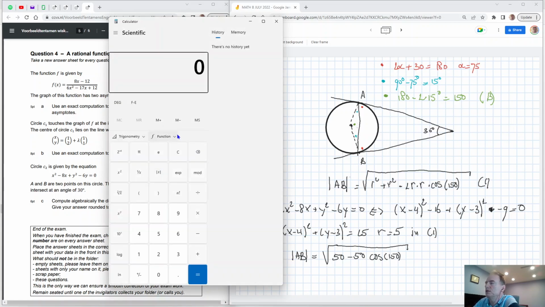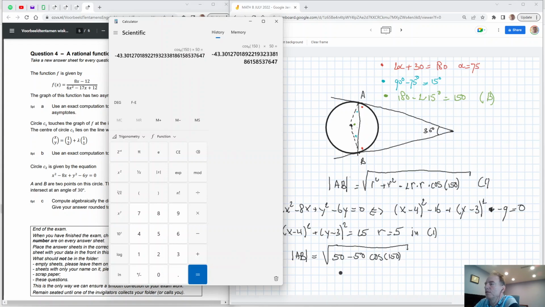Let's see. 150, put my calculator on degrees. Do cosine. It's negative. I do times 50. But I need to subtract it. So I give it a minus sign and then just add 50 to it.